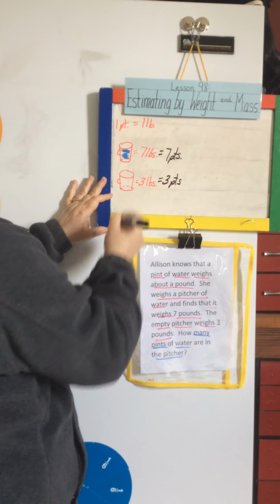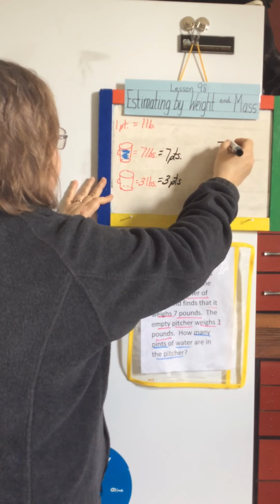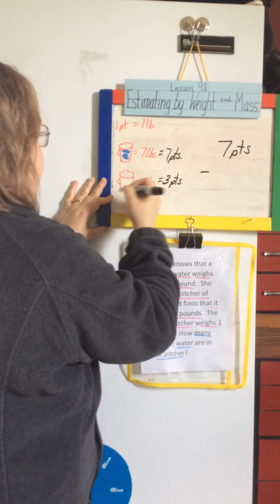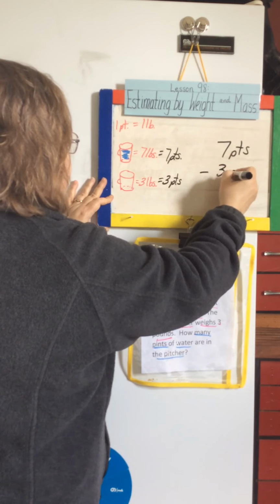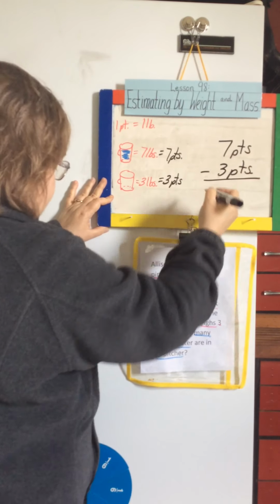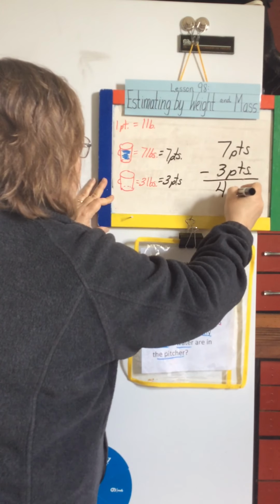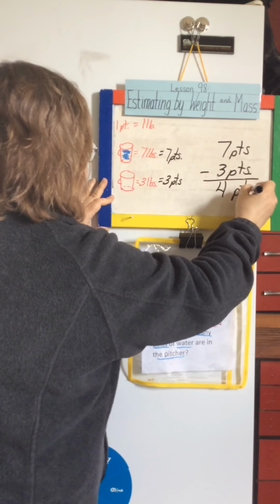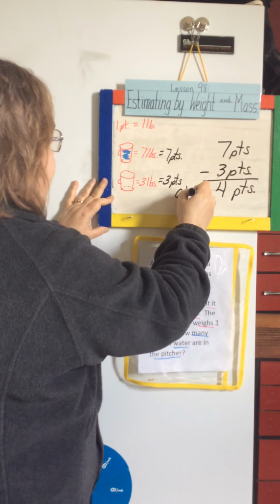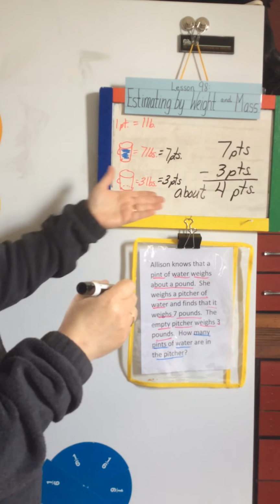So if we dump the water out, take away the one without water from the one with water, we'll get how much the water weighs, or how many pints are in there. And 7 take away 3 is 4 pounds or pints. But remember, for our answer, we have to put the word about, because it is an estimation question. And there is your answer.